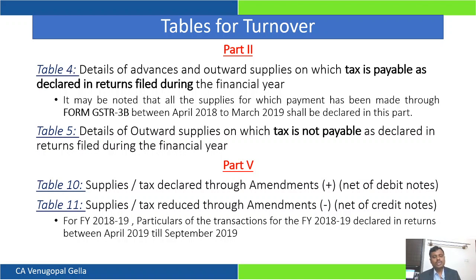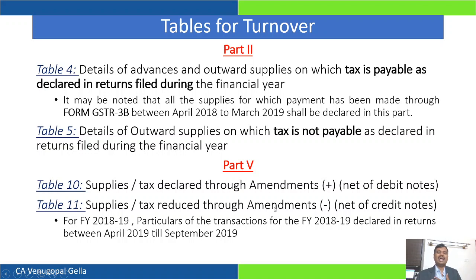What goes into table 10 is the supplies which are made amendment upward. Table 11 is amendment downward. So that means for financial year 18-19, the particulars of the transactions which are declared in the returns, which is GSTR 3B for April 2019 to September 2019.